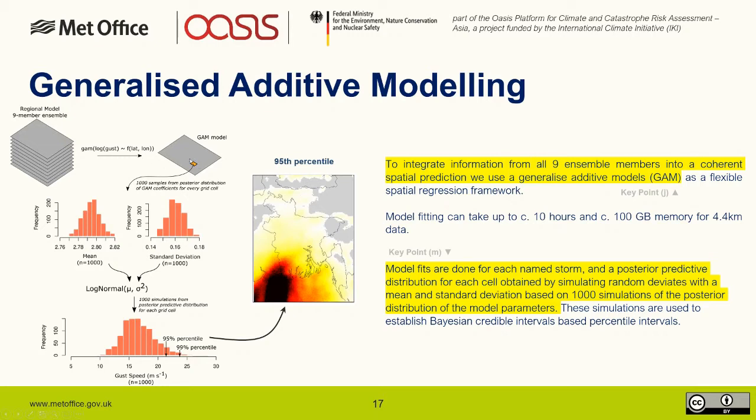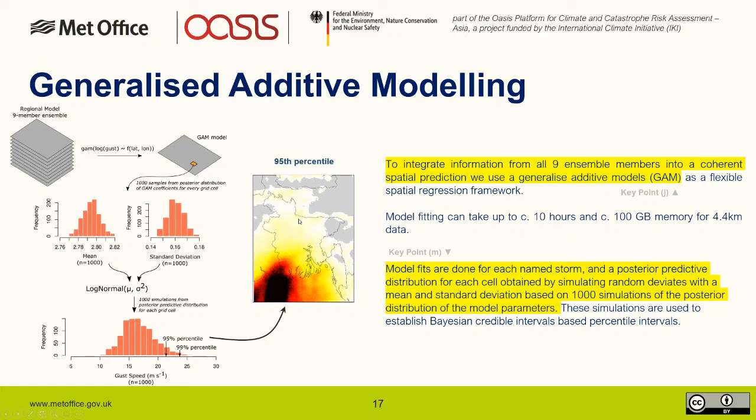From the GAM at each grid cell, we derive the parameters of the log normal distribution, the parameters being the mean and the standard deviation, so that we can estimate this underlying log normal distribution at every grid cell in our GAM model. And from here, it is a trivial process to then pull out estimates of, say, the 95th percentile gust speed, which is what's plotted here.